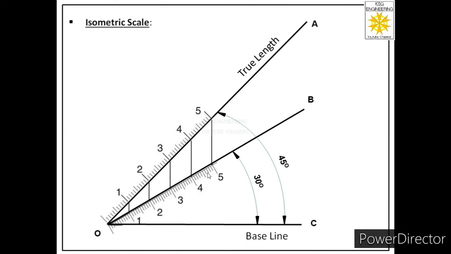So this scale or this length will be called isometric length. Now you can see actual 5 centimeters have this length, but corresponding to that true 5 centimeters we have isometric length over here, which is 82% of the actual length. So in this manner we can construct isometric scale on paper.